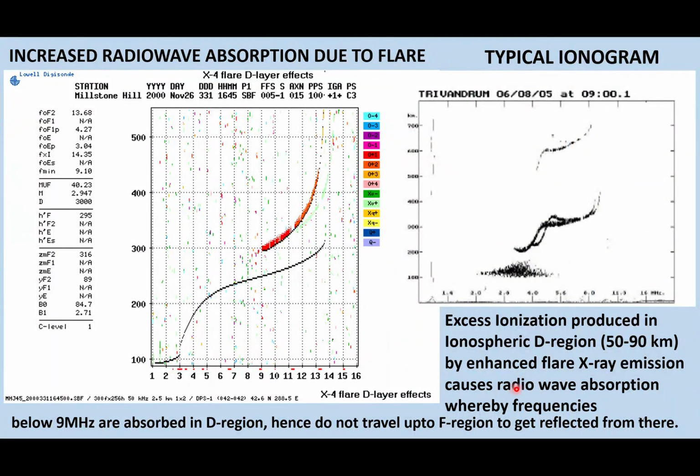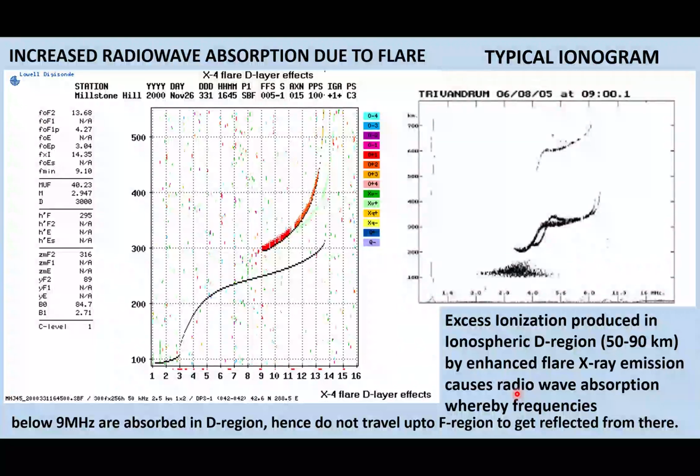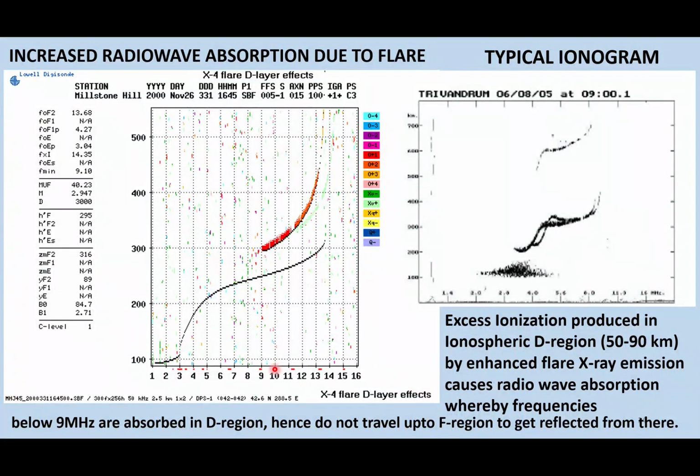So the radio waves that we transmit in an ionosonde to get reflected from the ionosphere get absorbed by the D region ionization, and are not able to travel up to higher heights and get reflected from the E region or F region.